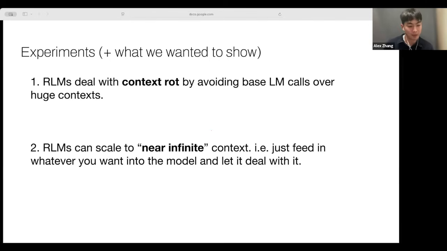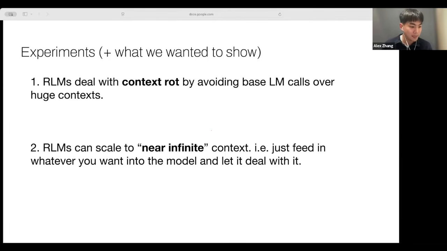But generally with these experiments, at least in the blog post, the thing that we wanted to show was, okay, in this long context domain, there's generally two problems that we deal with. The first one is, I flipped the order on these slides, but I'll start with the second one, which is we can't feed in infinite context into the language model. It will throw an error if we do this.